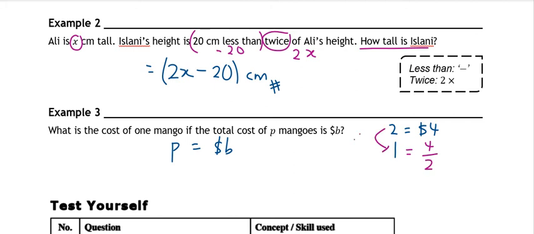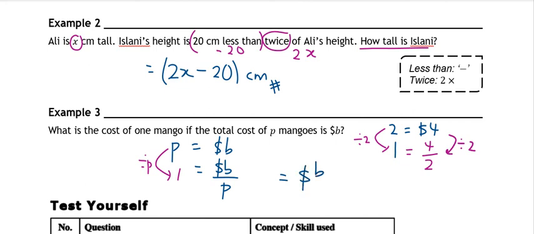Okay, the same idea happens here. This is P mangoes. P could be any number, but we don't know because this is algebra. So you have to find 1, right? So you have to divide by P, $B divided by P. So there's your answer. 1 mango will cost B over P dollars.